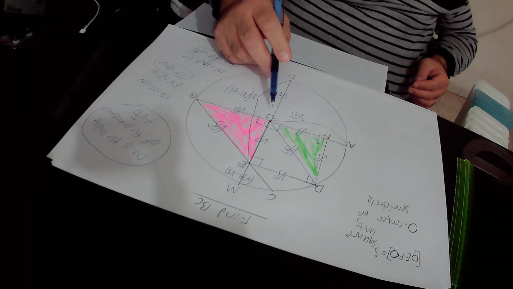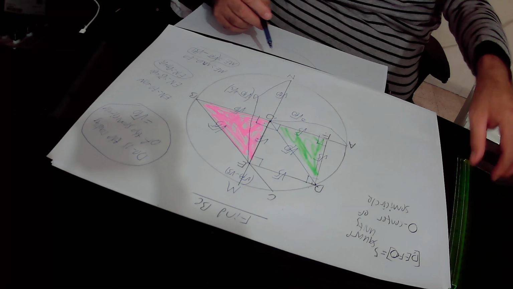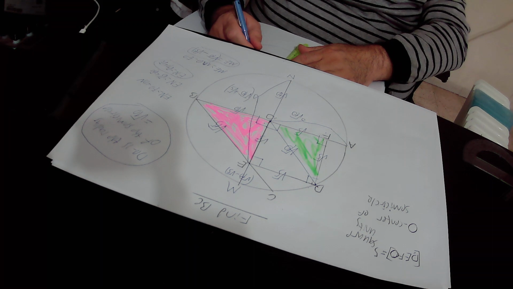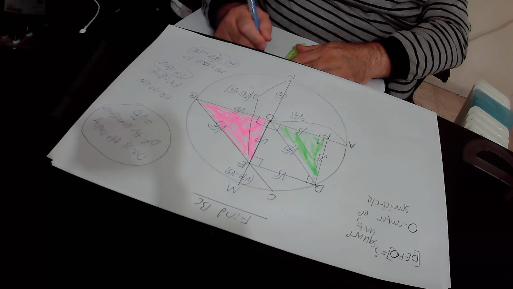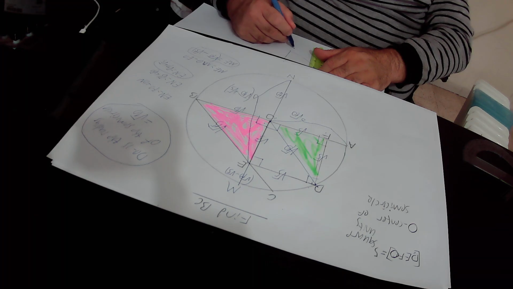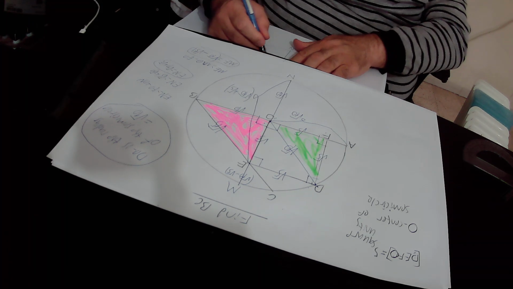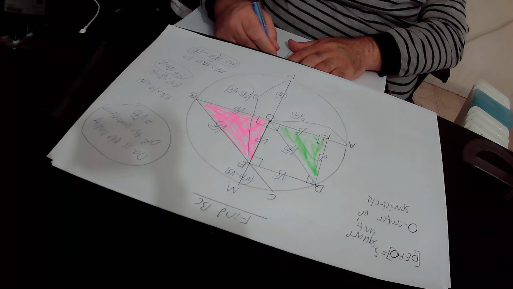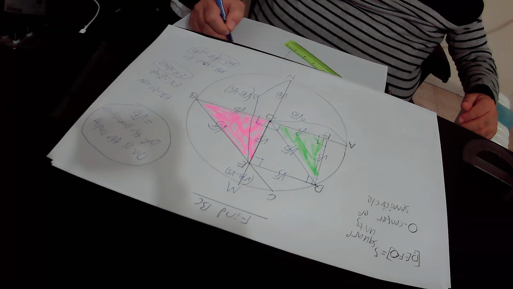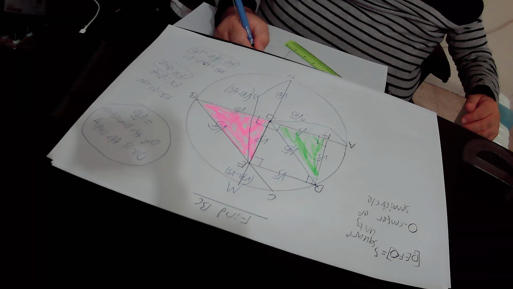Chord MN passes through the center of the circle, that is to say through point O. Chord MN intersects with chord CB at point E.